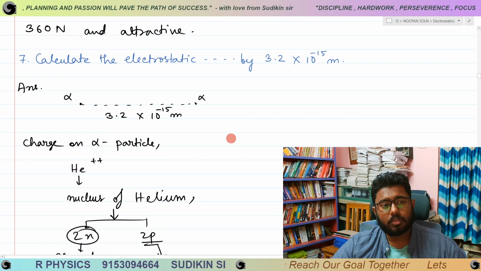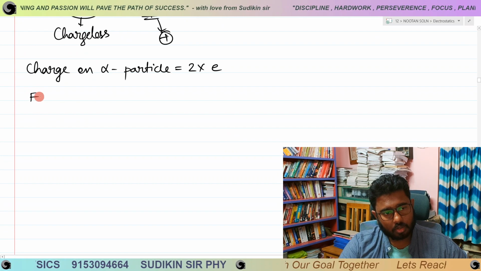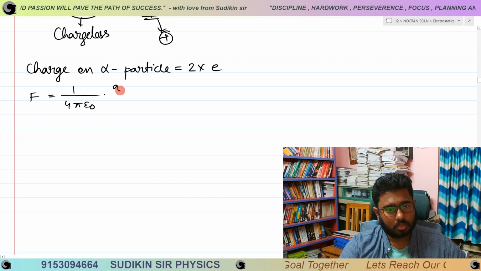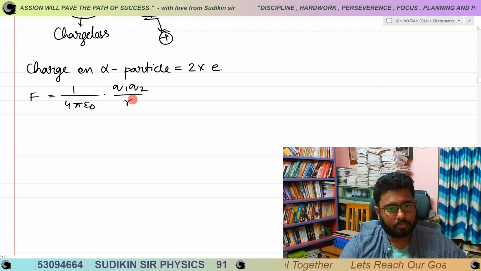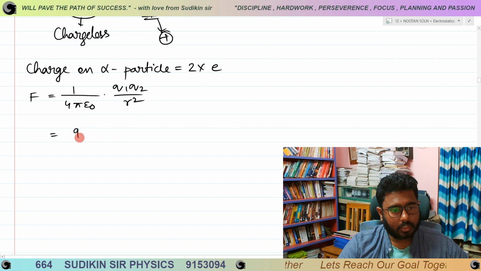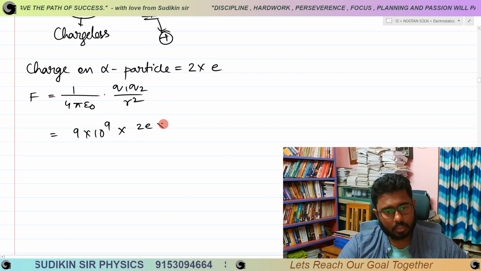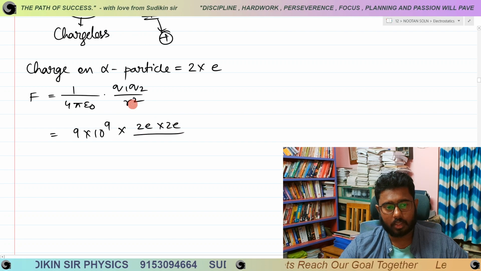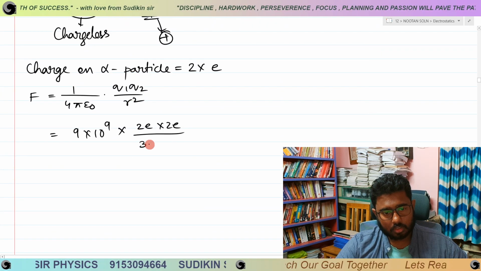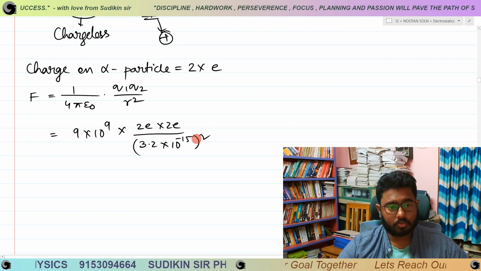Now they are asking what is the force between them. So let us calculate the force. We know from Coulomb's law, F equals 1 by 4 pi epsilon naught q1 q2 divided by r square. Okay, so 1 by 4 pi epsilon naught is 9 times 10 to the power 9. q1 q2 will be 2e into 2e divided by r square, that will be 3.2 into 10 to the power minus 15, squared.